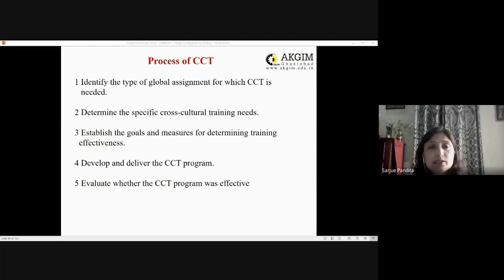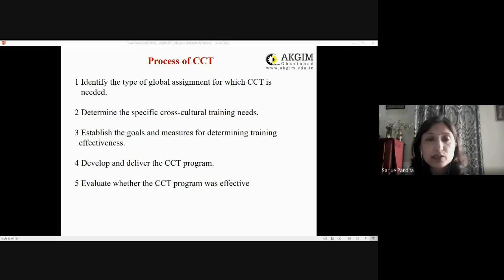For example, let us suppose you have sent a person on a technical assignment. That person will have interaction with the host nationals who are working in the subsidiary location, but those interactions that inevitably will occur will not greatly affect the outcome of the assignment.